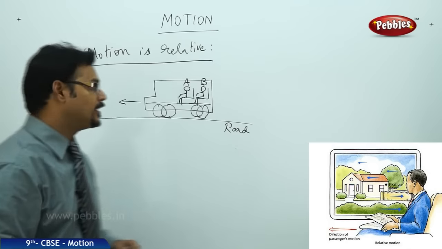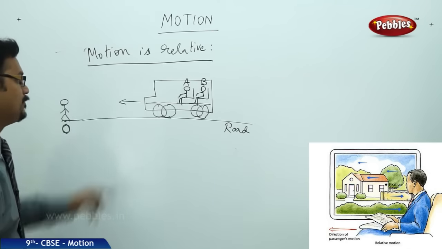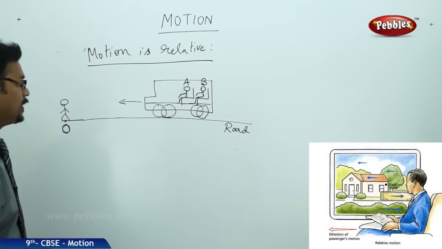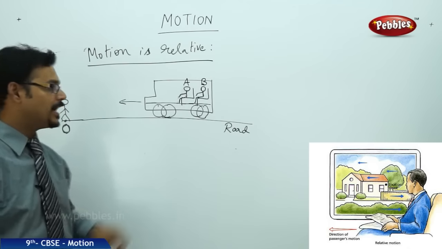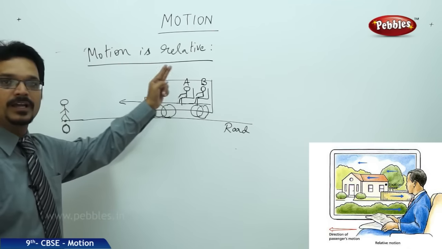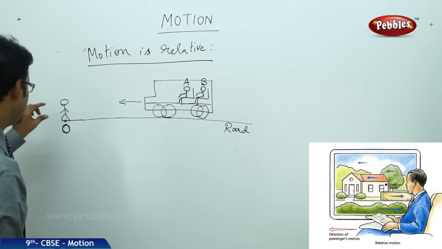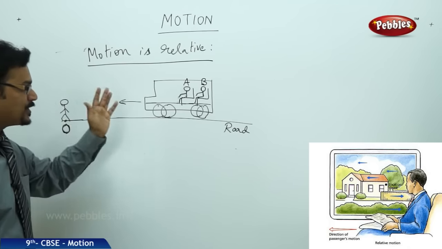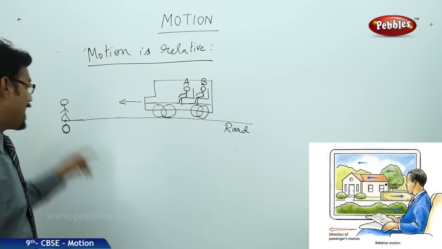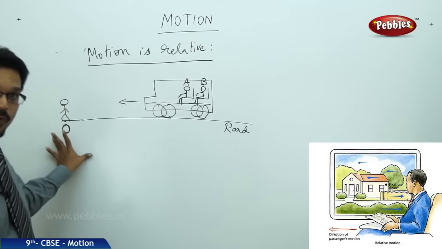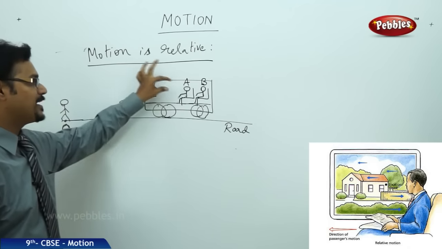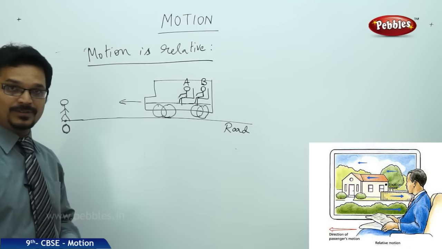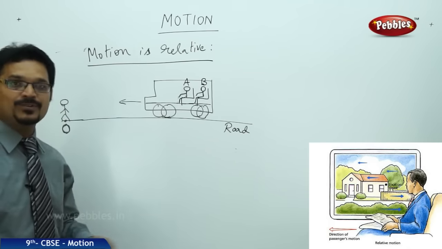Let me explain. See this diagram carefully. A bus moving on the road is in motion. In the bus there are many passengers. I have located 2 passengers, passenger A and passenger B. And there is an observer on the roadside who is watching the motion of the bus. Now, according to the observer O, what is the state of passenger A? Obviously, as the bus is in motion, everything in the bus should be in motion.